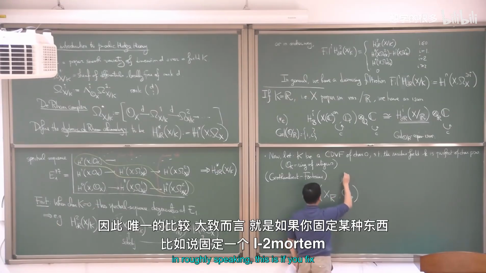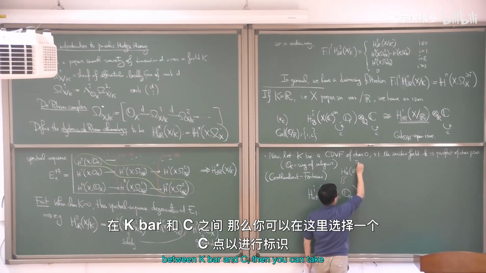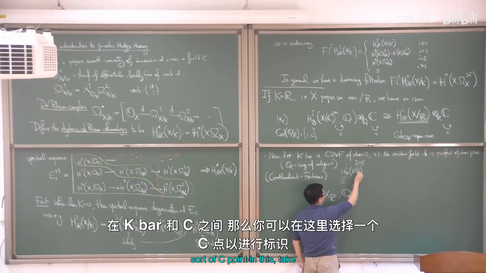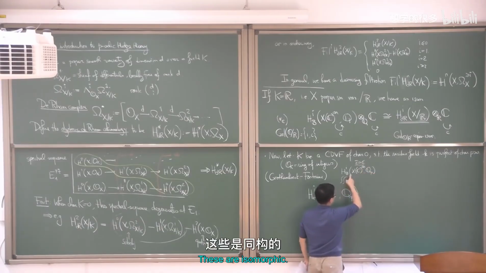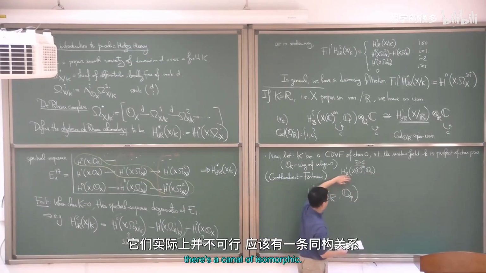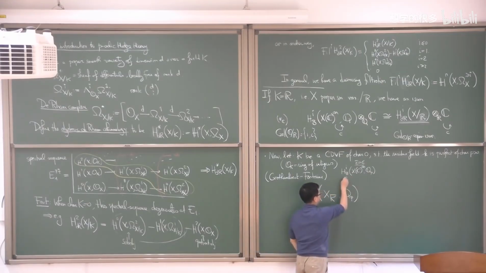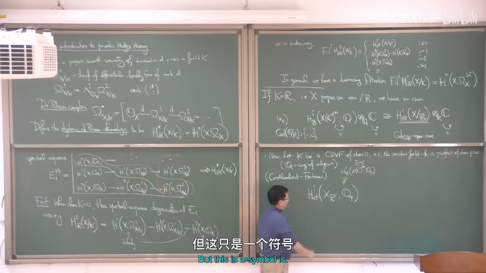Roughly speaking, if you fix an isomorphism between K bar and C, then you can take the C points of this, take an identification, and then take Q_p. So these are isomorphic. There's a canonical isomorphism, depending on what this identification of C with K bar is.